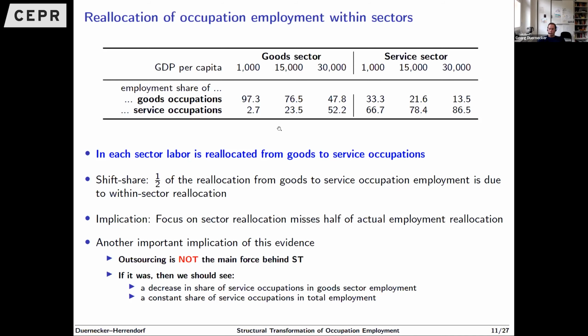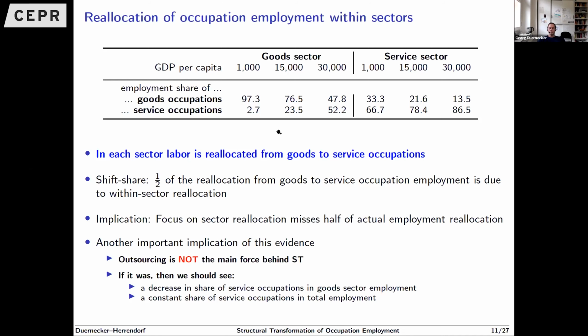This applies also to the goods producing sector, that over time, as countries grow richer, actually becomes dominated by service jobs. So for example, in rich countries, more than half of the employment in the goods sector is actually service jobs. You see 52% of the employment in the goods sector is employment by service occupations.